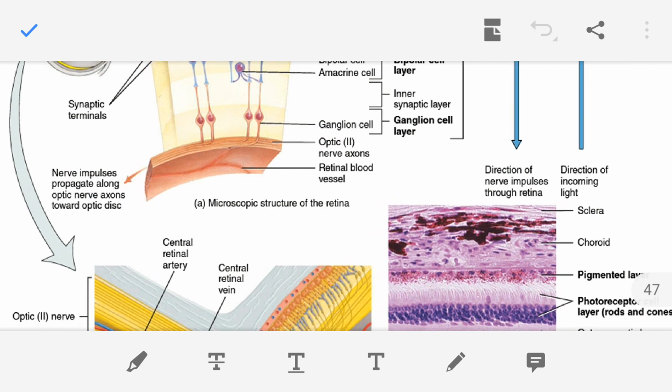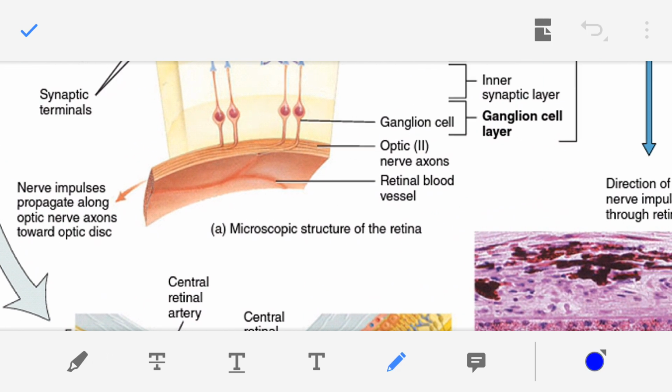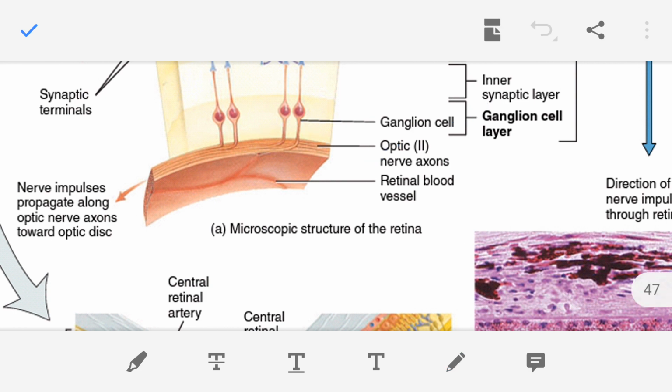Here you can see the axons of ganglion cells merge together, bundle together, and form the optic nerve.